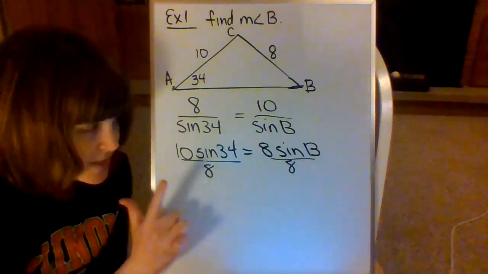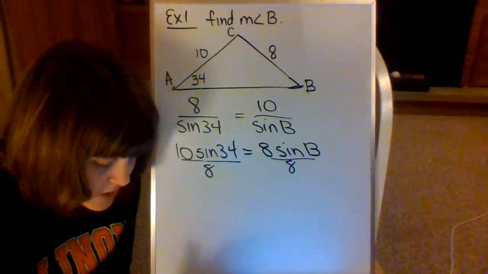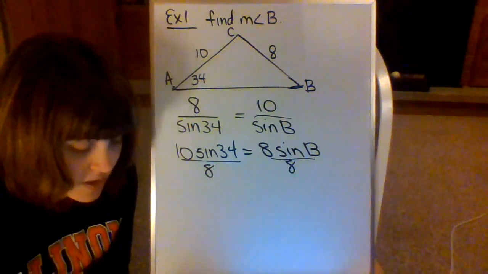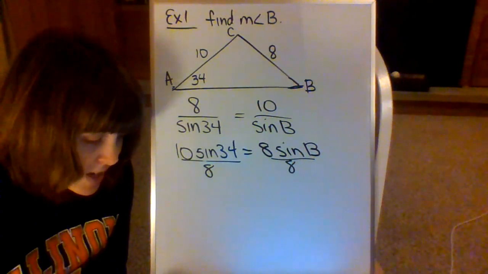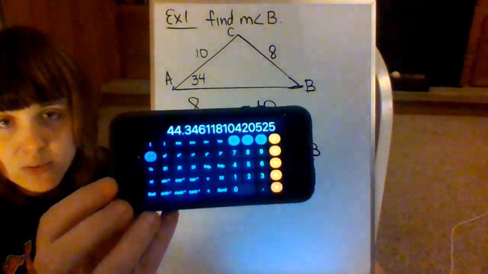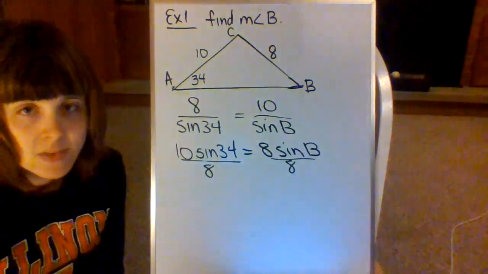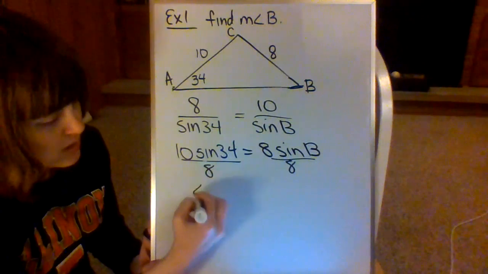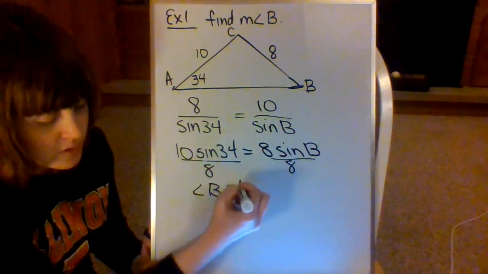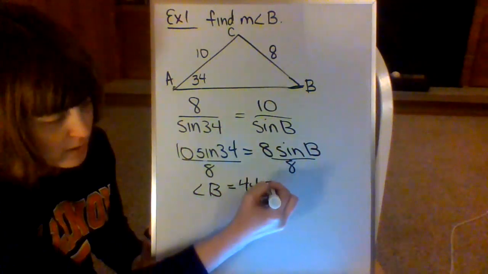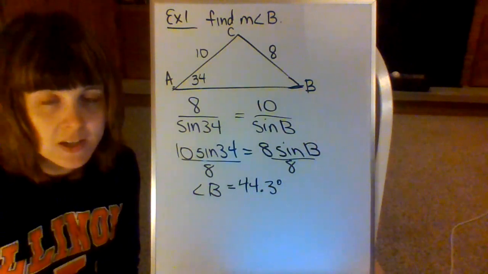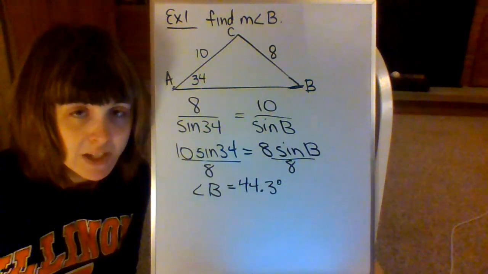Then we're going to press second and sine. After you do all of that, hopefully it equals 44.3 degrees. So angle B equals 44.3 degrees.